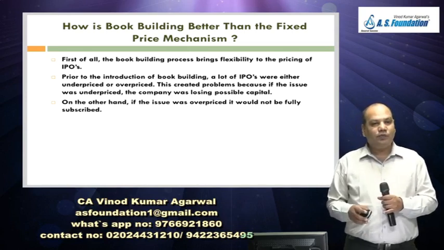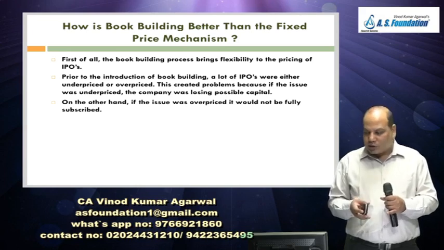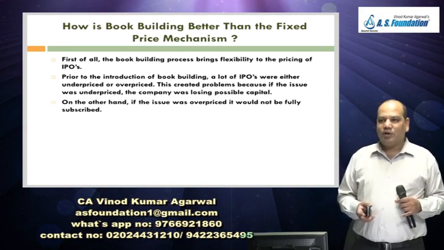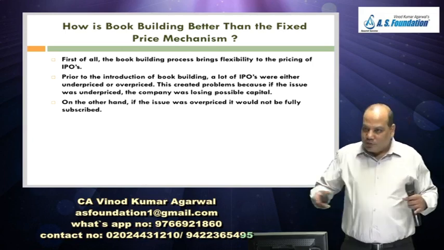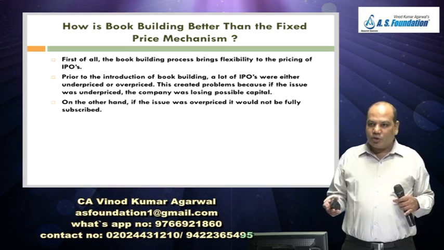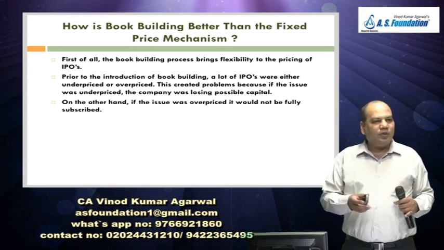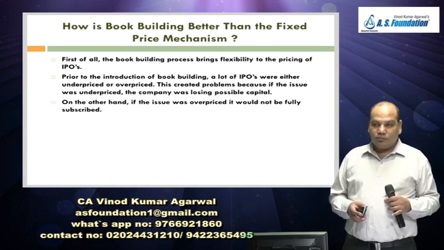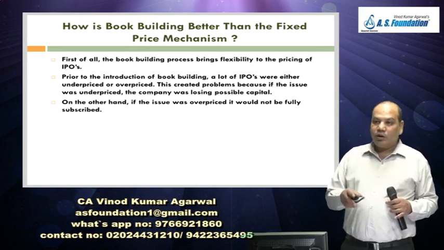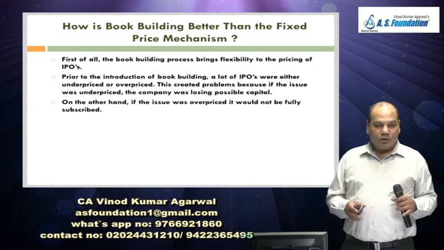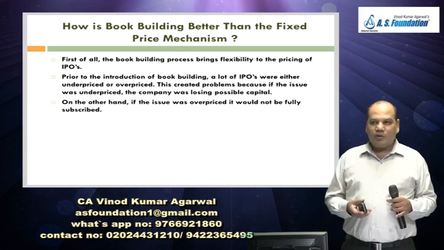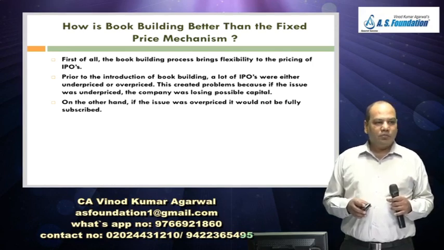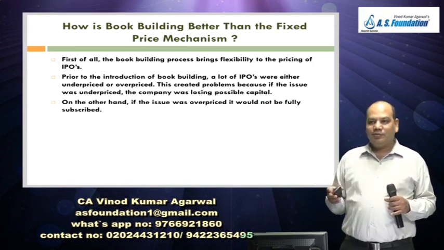In fact, there are a lot of economic thinkers who think that this range should be further broadened. Why should it be just 20%? It should be an even bigger range, because it's possible that even a 20% range is not good for underpricing or overpricing. One author said in a newspaper article I have read, only put the lower band, remove the upper band.